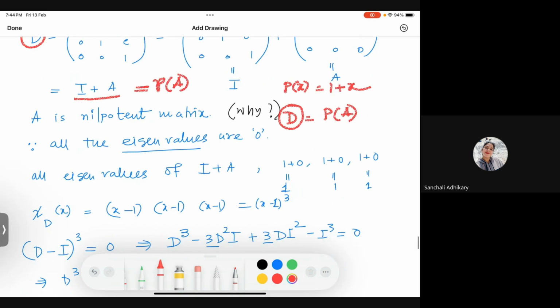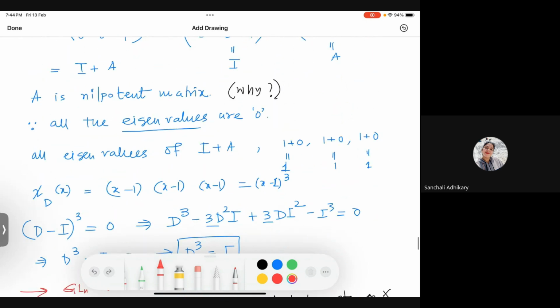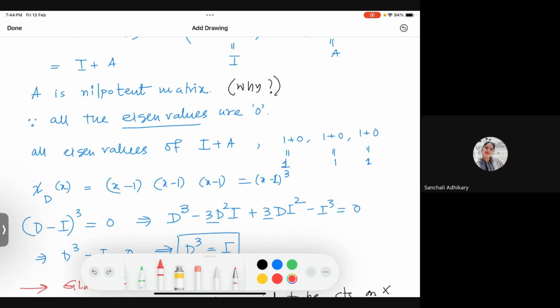The eigenvalues of D are 1 plus 0, 1 plus 0, and 1 plus 0. So what is the characteristic equation of D? It is (x minus 1)(x minus 1)(x minus 1), because this is a 3 by 3 matrix and we know all the eigenvalues. So (x minus 1) cubed.